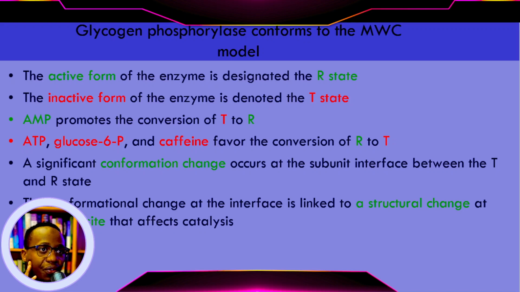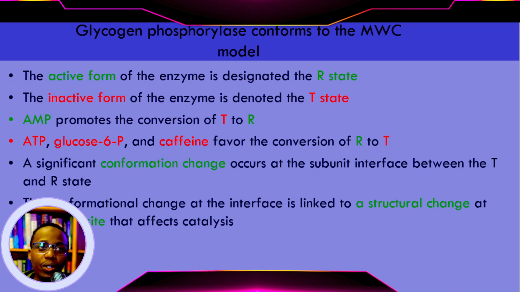And let's talk about more regulation. So it follows the MWC model, or the concerted model, that we talked about, right? So in the concerted model, remember, the active form of the enzyme is the R state, or the relaxed state. The inactive form of the enzyme is the T state, or the taut state, right? So what does AMP do? AMP, which is an activator, promotes the conversion from T to R, right?